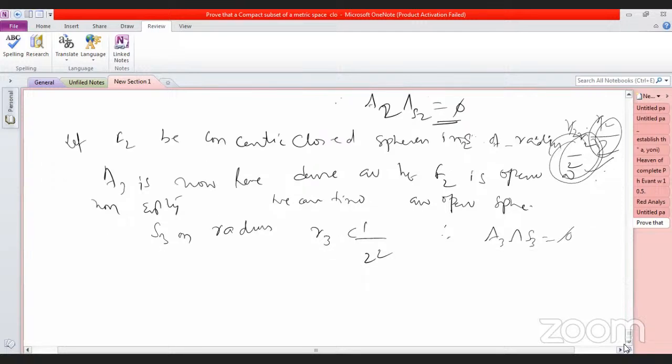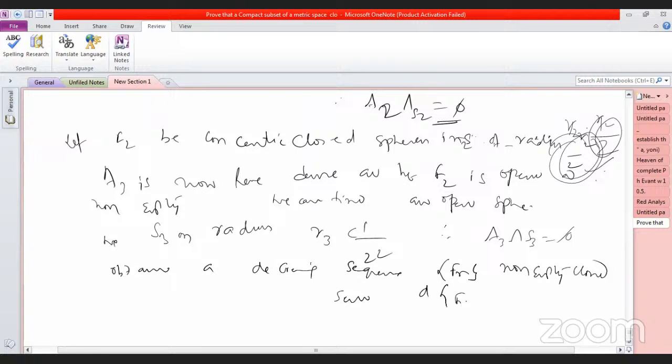So proceeding like this, we can keep going. That is enough here. Proceeding like this, we obtain the decreasing sequence F_n of non-empty closed sets, such that the diameter of F_n tends to 0.